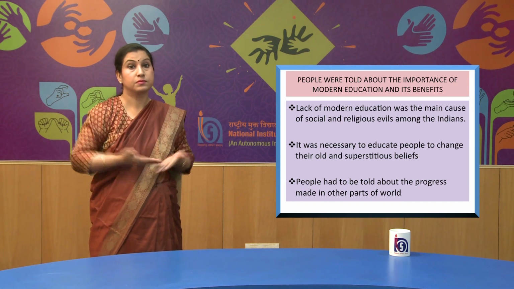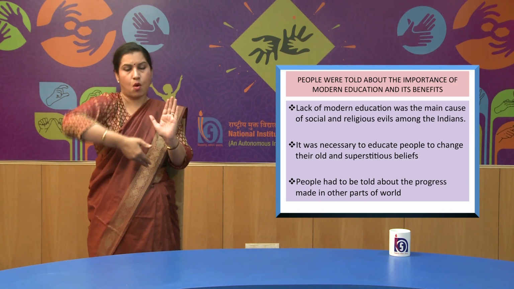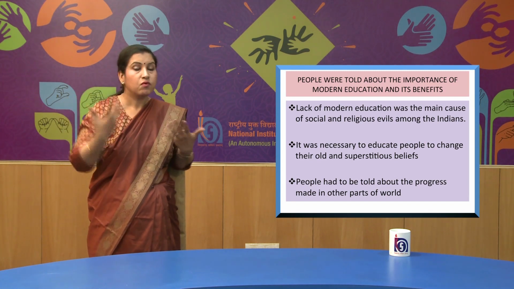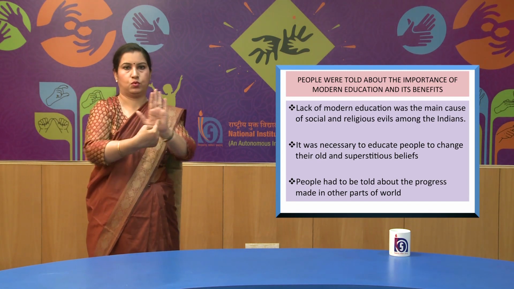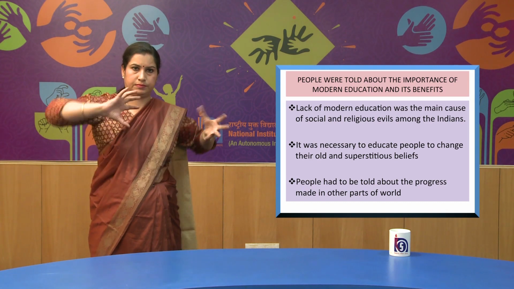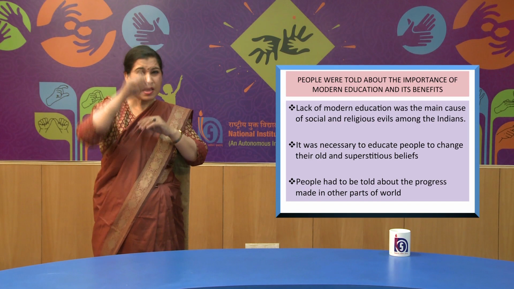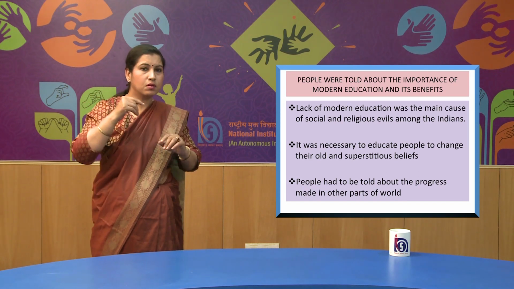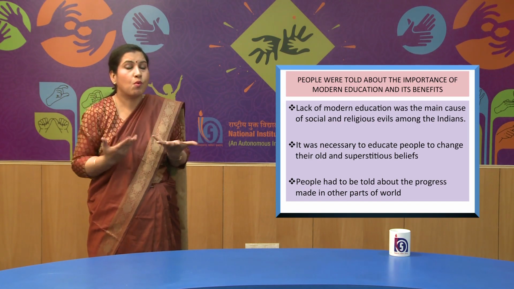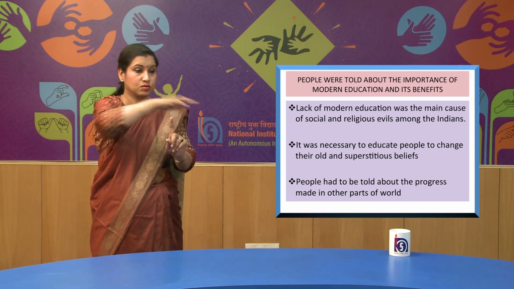Let us now summarize what we have learned in this chapter so far. The first point was main causes of backwardness in the 19th century in Indian society.